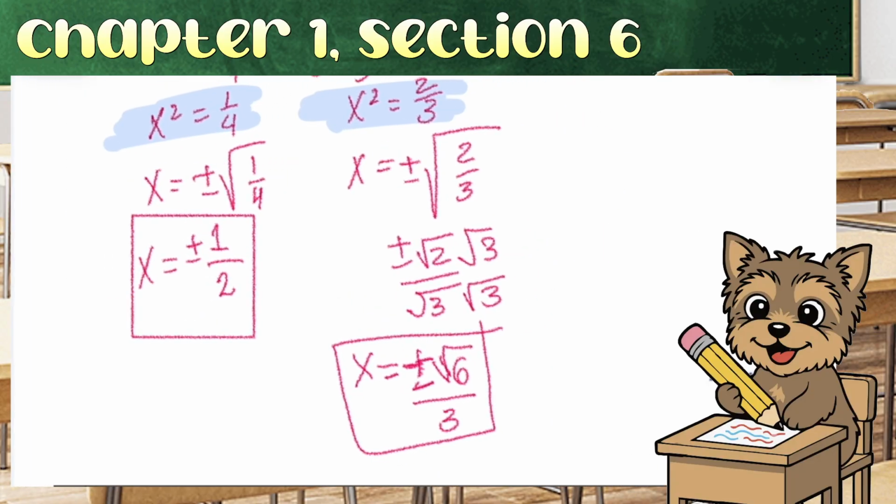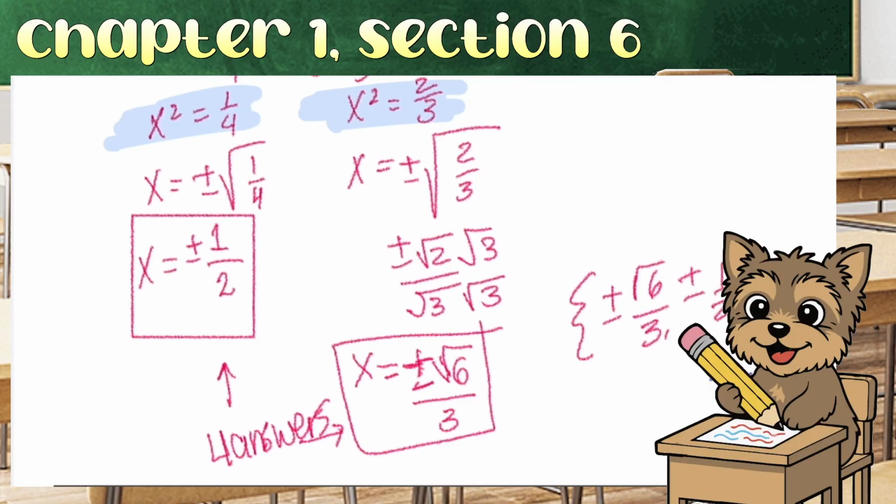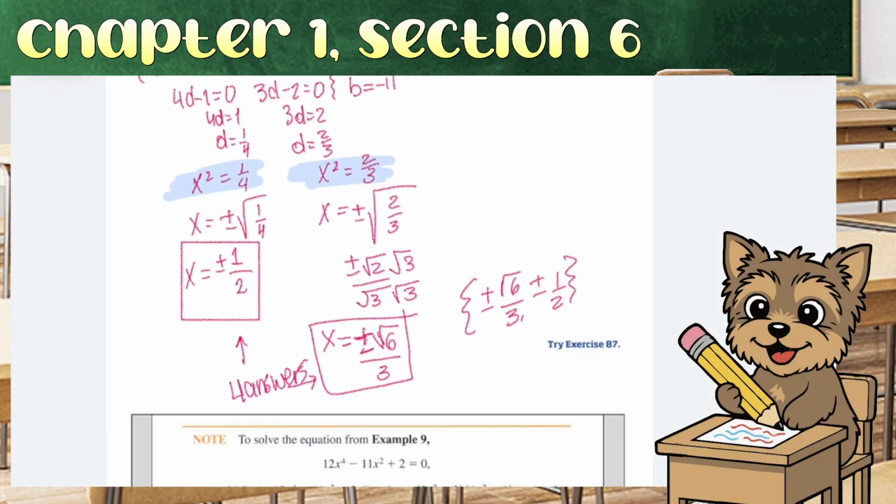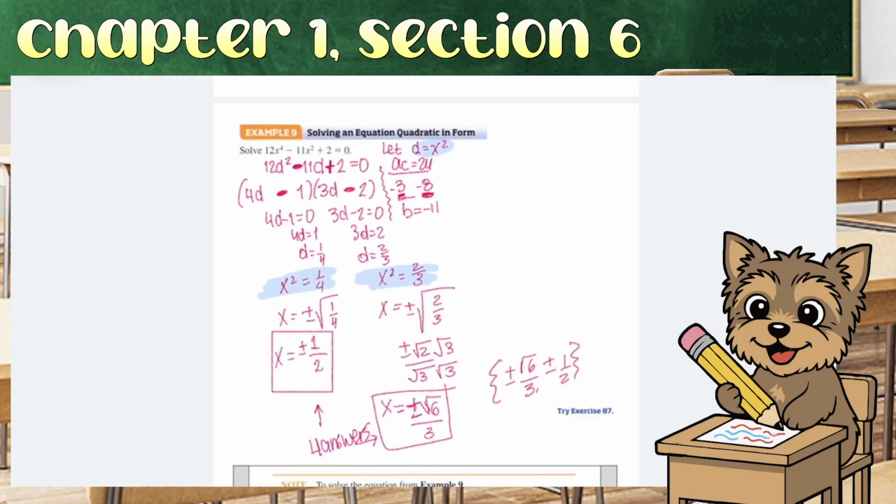There you have it, ladies and gentlemen. We have 4 answers. They all end up working. If you put your answers in the solution set: plus minus root 6 over 3, comma, plus minus 1/2. Ooh, there we go. Kind of all tucked in, ready to go.